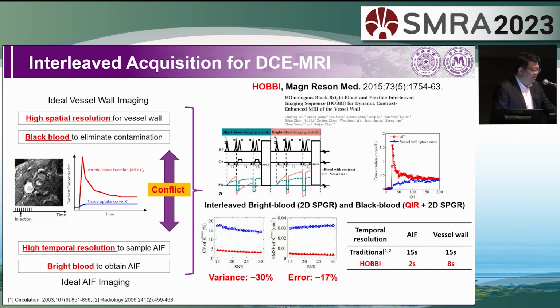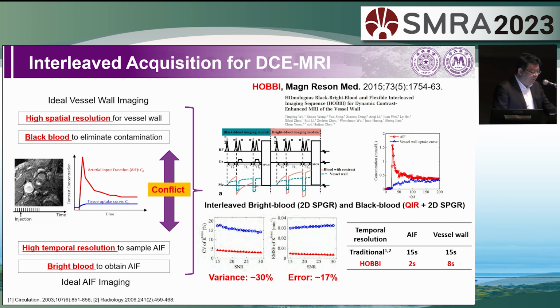We proposed one sequence, we call it HOBBY, which is an interleaved acquisition. We can acquire high temporal resolution AIF and high spatial resolution black blood vessel wall imaging at the same time.